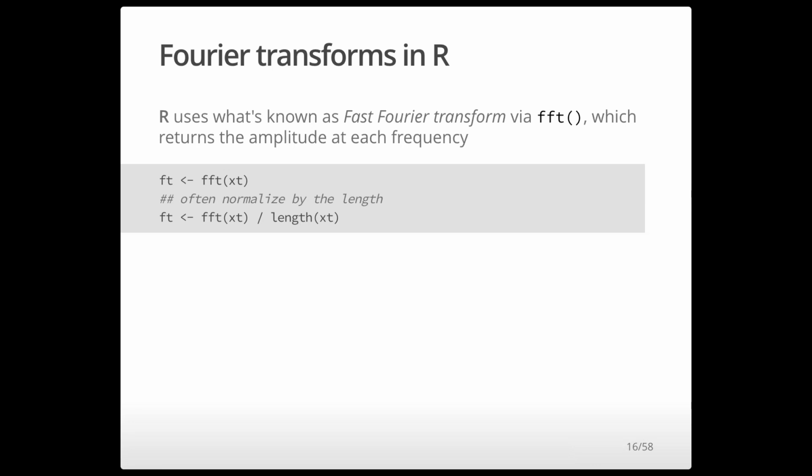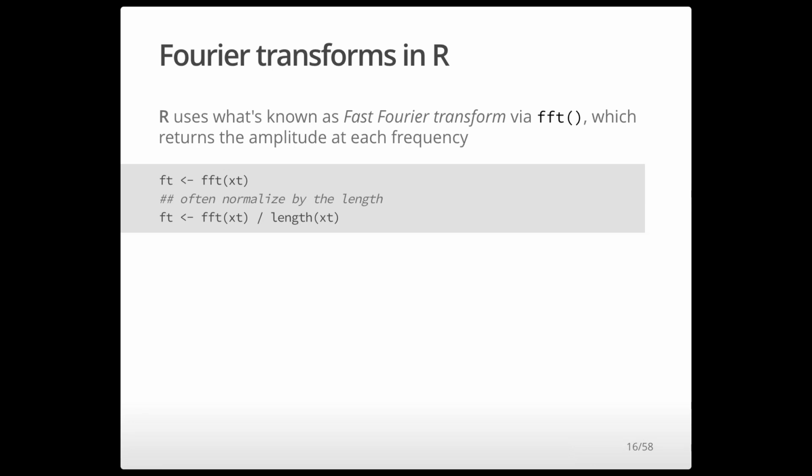There's a function called fft, which stands for fast Fourier transform. You just pass it a vector of numbers, and it will spit out the resulting Fourier transform. The length of the output is going to be the length of xt. So for every one of those time points, it's going to estimate the influence of the different frequencies.